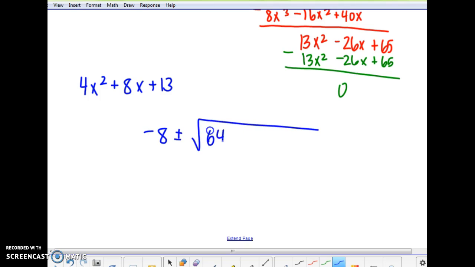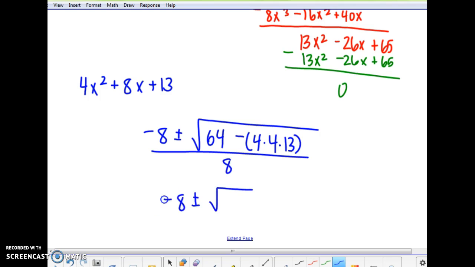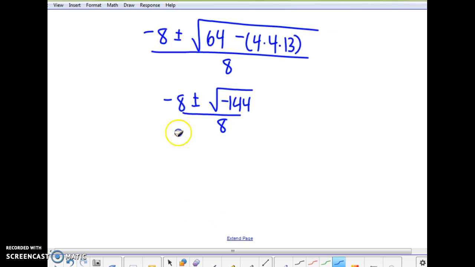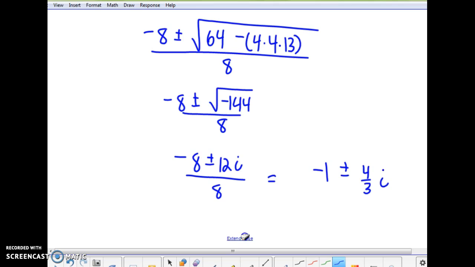So we have negative 8 plus or minus the square root of 64 minus the quantity 4 times 4 times 13, all over 2 times 4, which is 8. Negative 8 plus or minus radical negative 144, all over 8. Negative 8 plus or minus 12i over 8, which is going to simplify down into negative 1 plus or minus 3/2 i.